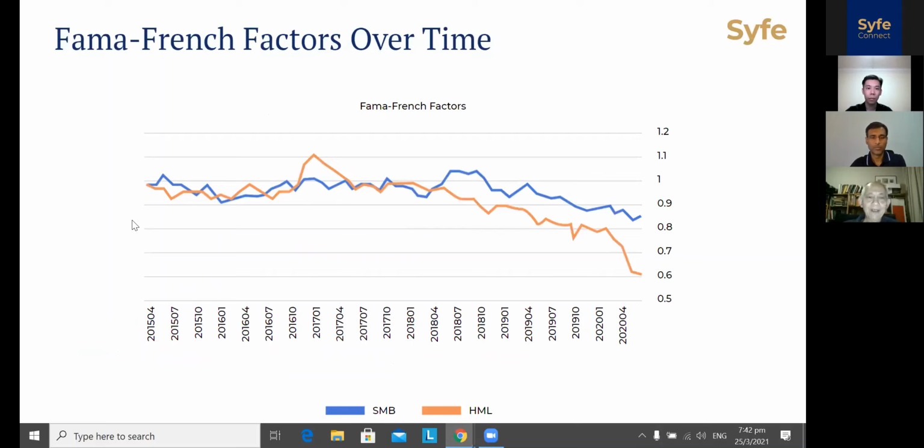Now, if you look at the factor analysis over time, what Fama and French did was take a long-term history. If you look at it over 20, 30, 40 years, being small will actually give you a risk premium. That means you will be compensated by buying small stocks, but that's over the long term.